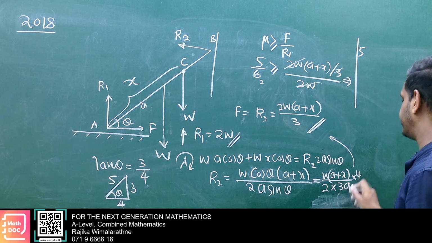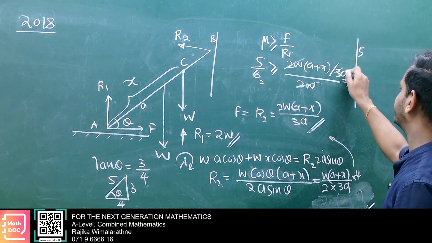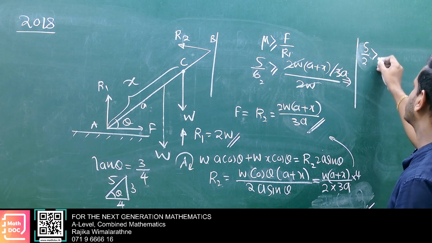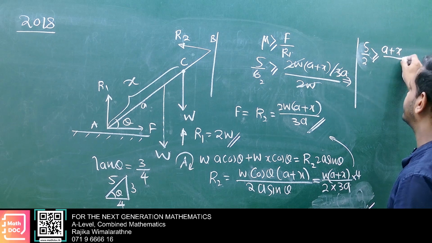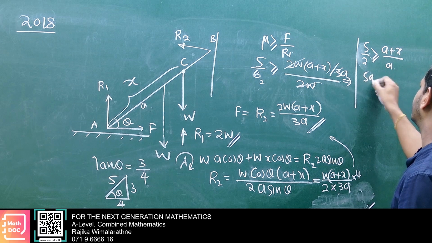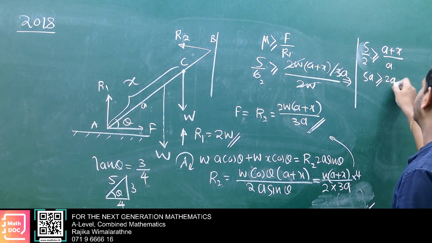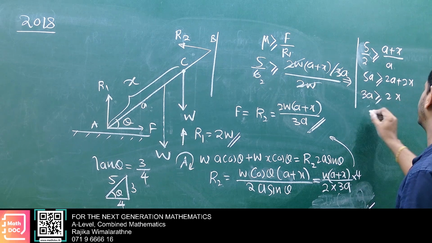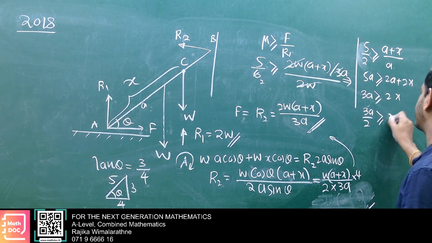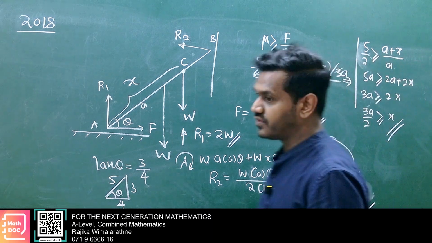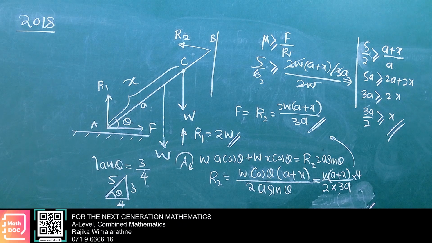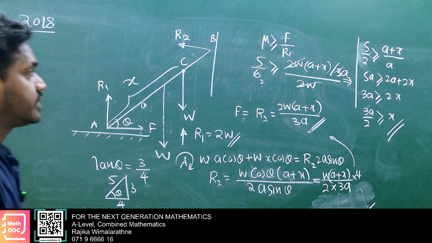Here 3A, 5 over 2, A plus X over A. 5A, 2A plus 2X, 3A, 2X, so 3A over 2 greater than or equal to X. That is the 2018 question.